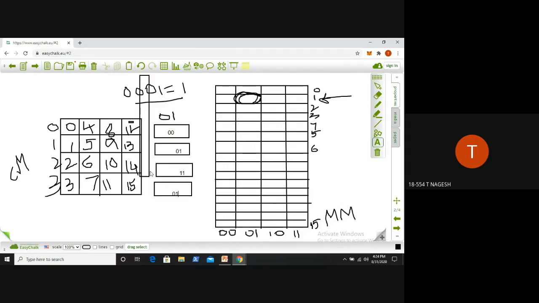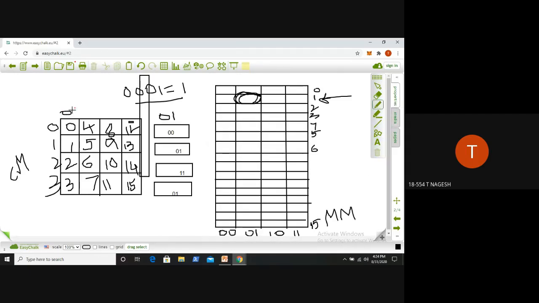So it will have different tag bit values which represent different blocks.